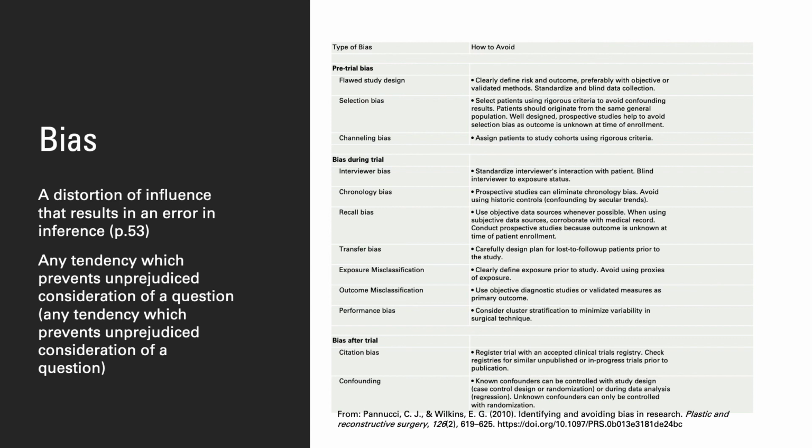For example, flawed study design: clearly define the risk and outcomes, and preferably with objective or validated methods, and standardize and blind data collection. And for selection bias, select patients using rigorous criteria to avoid confounding results. Patients should originate from the same general population.